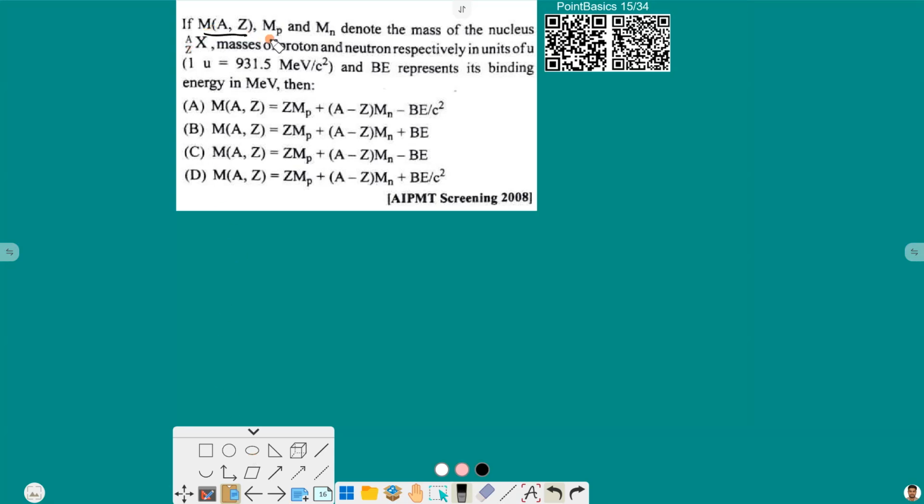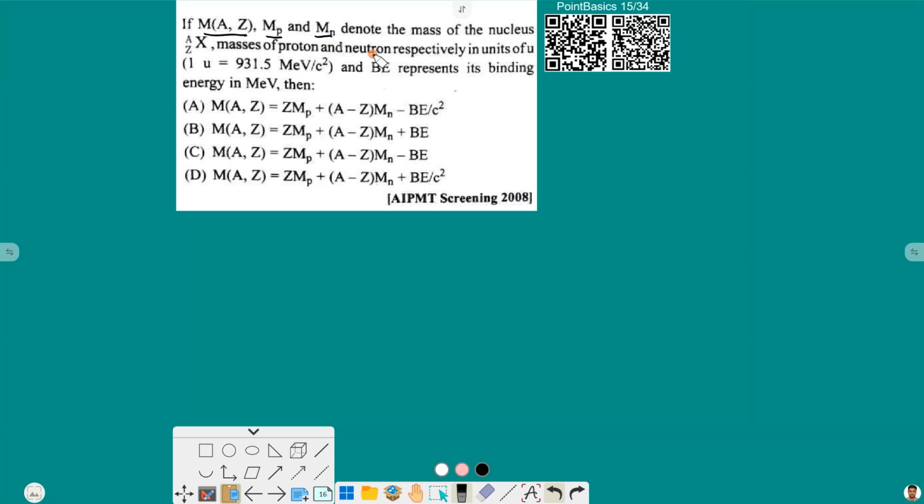If M(A,Z), Mp and Mn denote the mass of nucleus AZX, and the masses of proton and neutron respectively in units of U, and 1 U is 931.5 MeV per C square, then binding energy represents binding energy in MeV. So basically we have to find out binding energy.